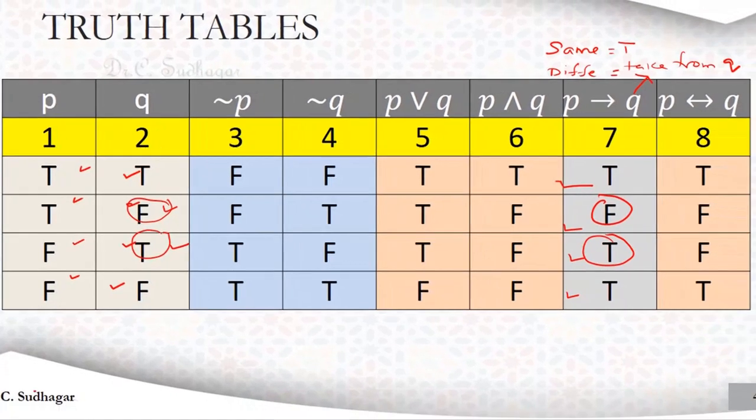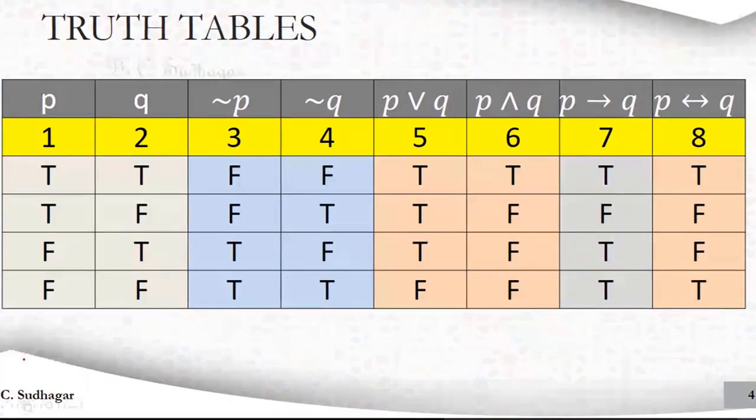Now let us come to the biconditional operator. For the biconditional operator, the first step is same. If they are same, T and T, F and F, the biconditional operator will be T. For same elements, it is coming T for us. So what is the rule?